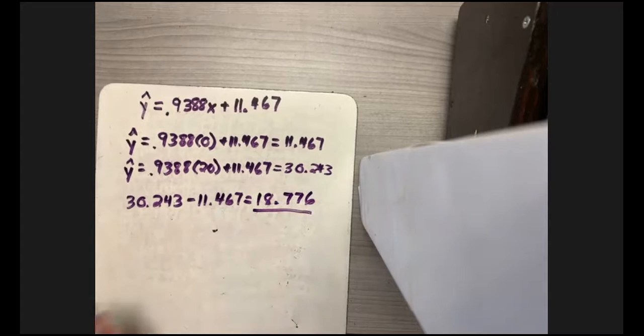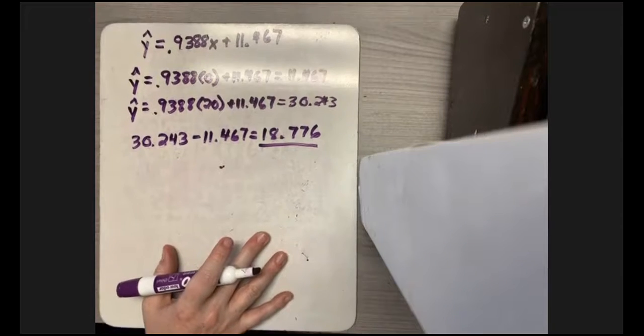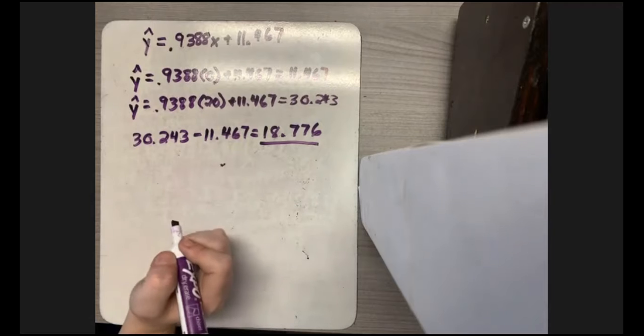So I would predict that in 2012, those budgets would have been 18.776 million, because that was the units they gave us, dollars apart.